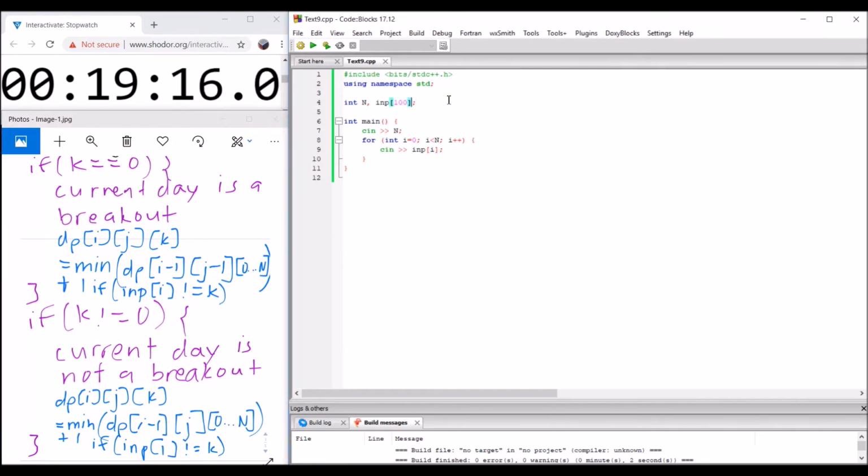We need to create our DP array. So the first dimension is the day. The second dimension is the number of breakouts. We could break out anywhere from 1 to 100 days. We cannot break out on 0 days because the first day must be a breakout. So I'm going to put 101 because this could reach up to 100. It could equal 100. And the last dimension is the value of the current day.